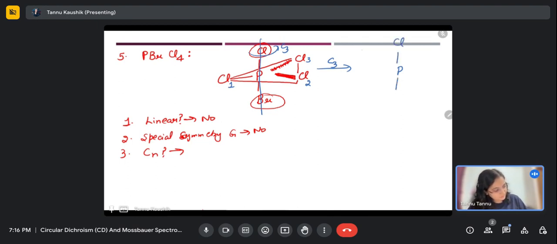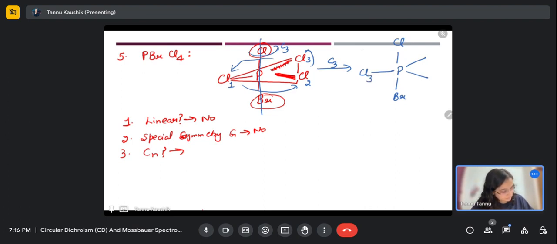This Cl and this bromine will remain on their position, that is, there will be no change of positions. But here, these chlorine atoms will change their positions because they are at 120-degree angle with respect to each other, and we are rotating this molecule at a 120-degree angle.